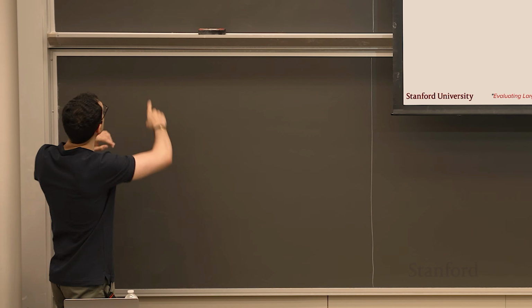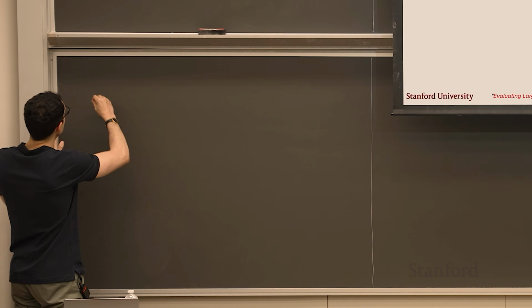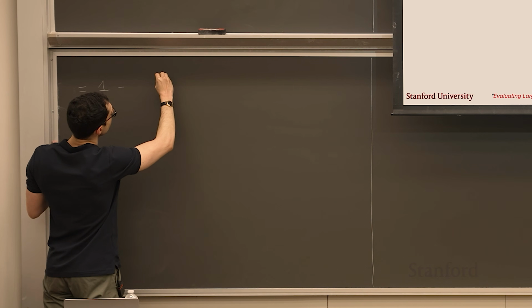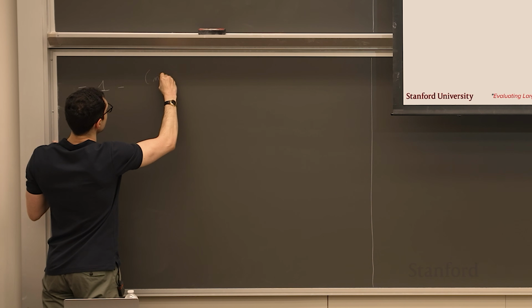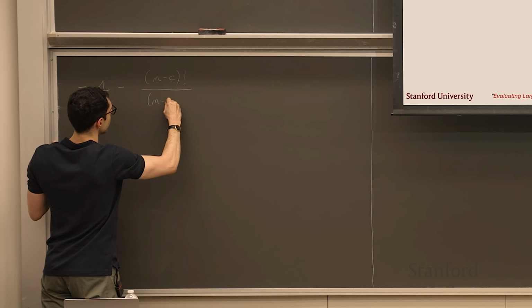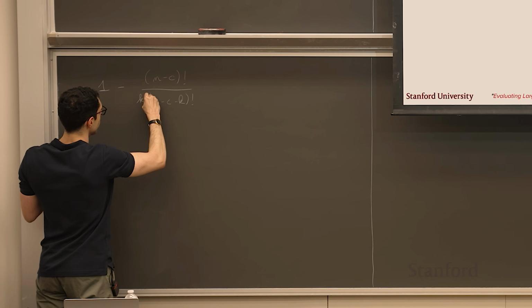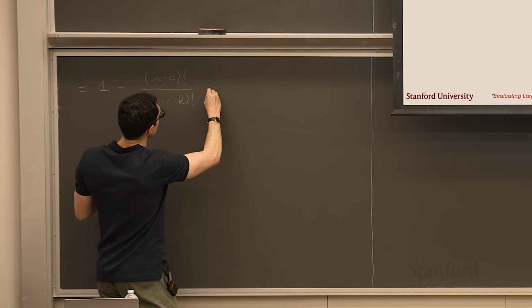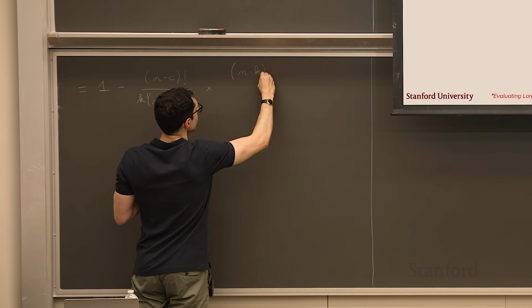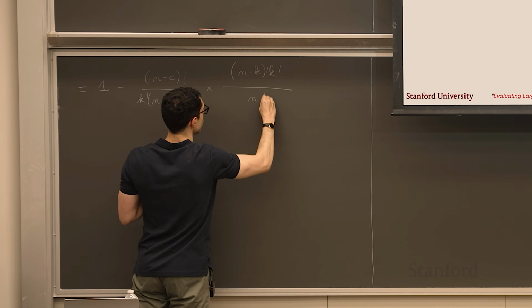And so here we're going to somehow pop the expression above up. It's going to be equal to 1 minus, so n minus c factorial over n minus c minus k factorial, and then k factorial, and then here we're going to say it's this one, k factorial over n factorial.